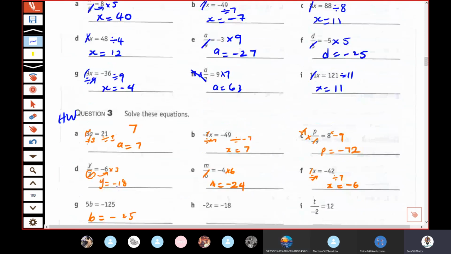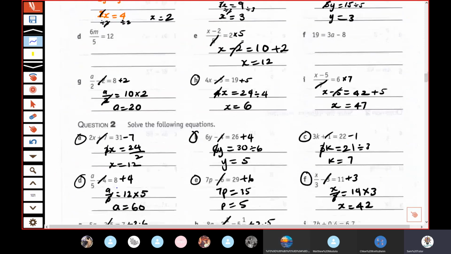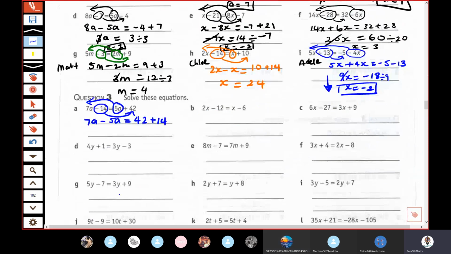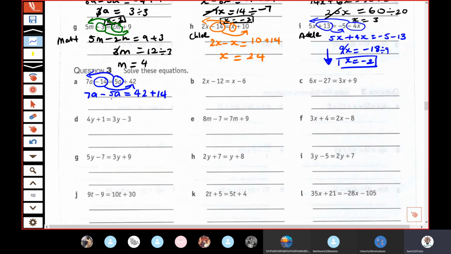If I'm at a minus 14 and I'm bringing it to the right hand side, how do I get rid of the minus 14? You have to plus it.